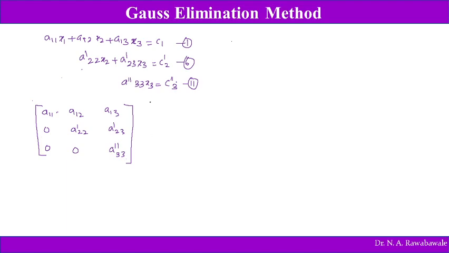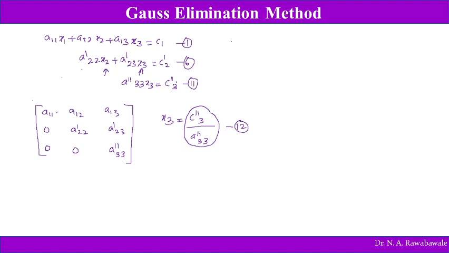This was the forward process which we have used. From equation number 11 we get x3 equal to c''3 divided by a''33. Once we get x3, this value is substituted in equation number 6 to get the value of x2.